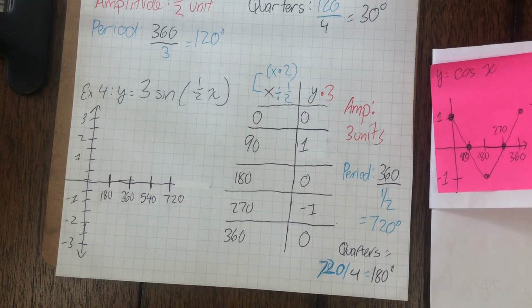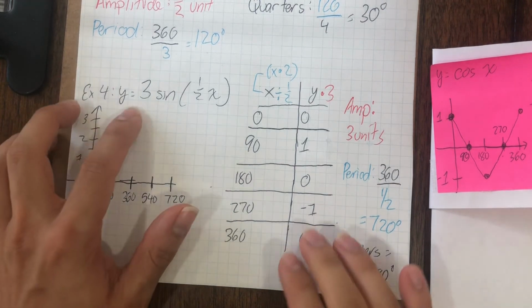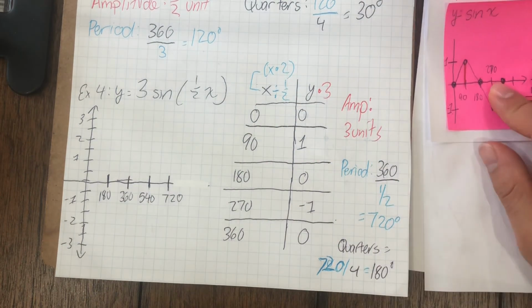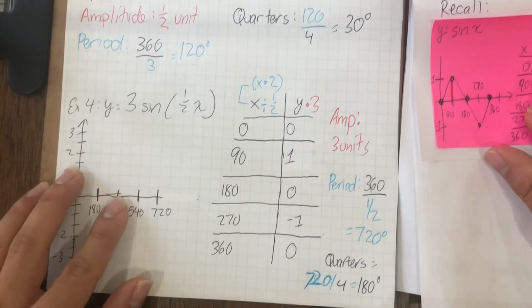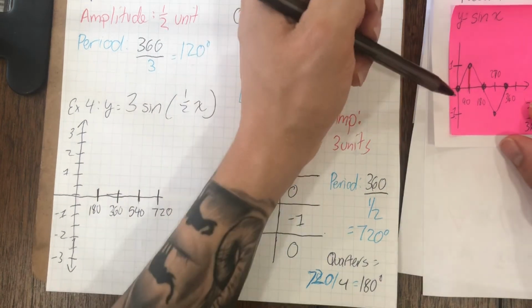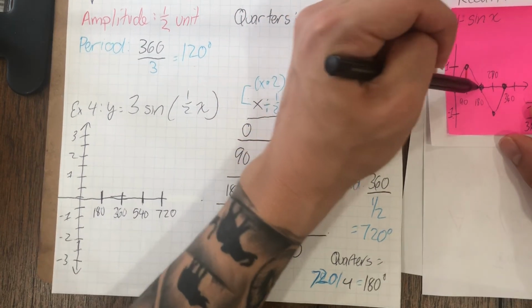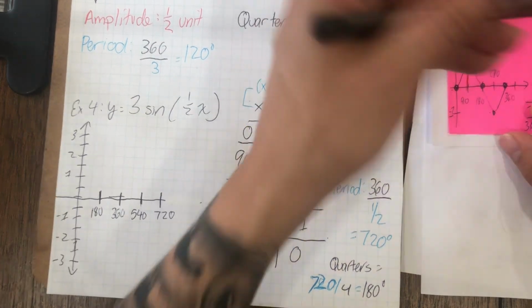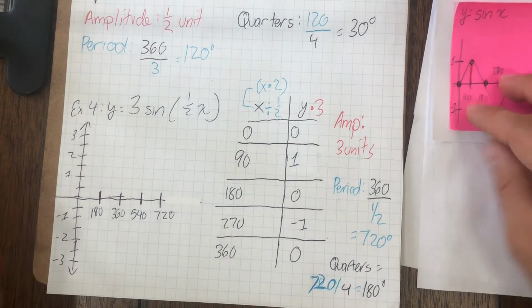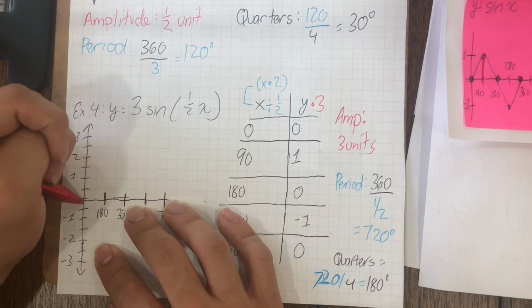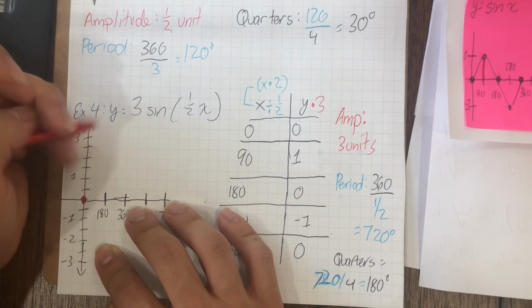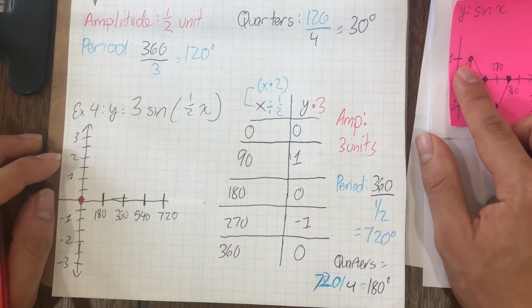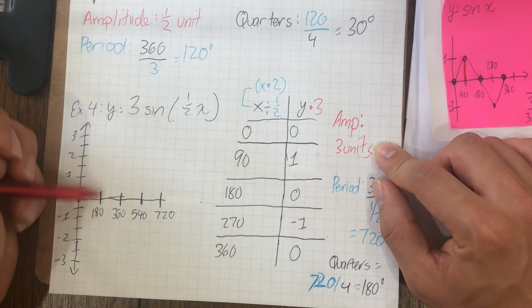All right, so let's go ahead and get my new graph for 3 sine of 1/2 x by using the pattern. So for the pattern, we have mid to max to mid to min to mid. All right, so I'm going to use the same pattern. So we go from mid to max. Now originally, my max is at 1, and since my amplitude is now 3 units, I'm going to go up by 3.